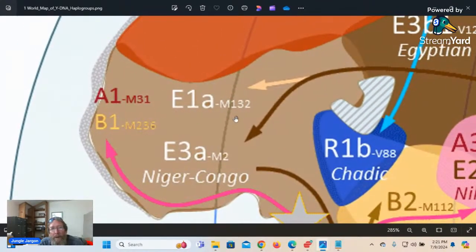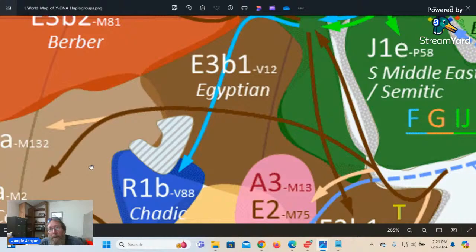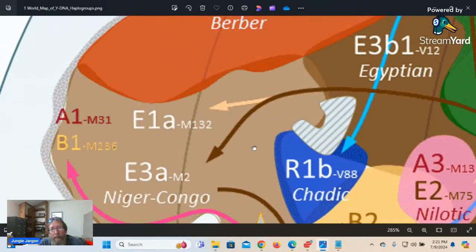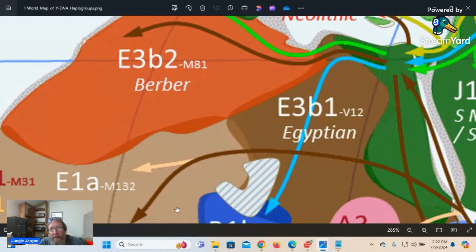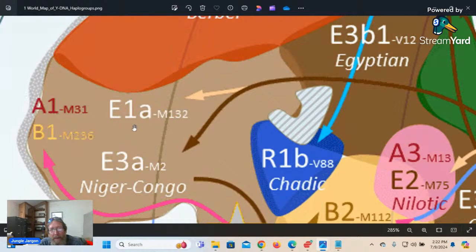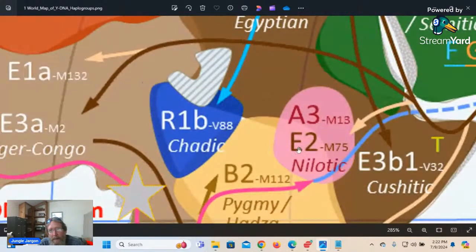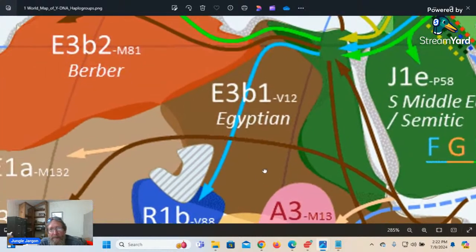So it's E1, and here's E3 way over here, which is Egyptian, right? So it's E1, E2, and E3. E1 would be the descendants of Put, E2 the descendants of Canaan, and E3 the descendants of Mitzrayim.